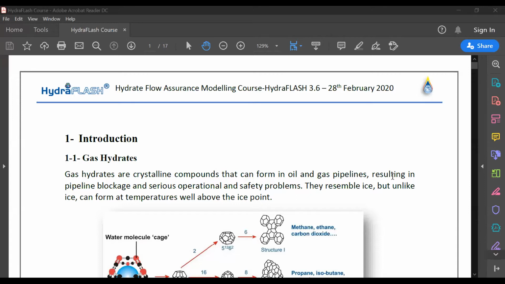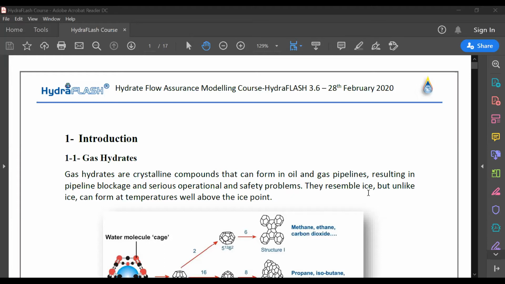Okay, so I'm sure that you all have the course material I've sent to you. In the first section of the course material, you will find some very general and brief information about wax, hydrates, and asphaltene, which are the main causes of blockage and flow assurance problems in the pipelines.